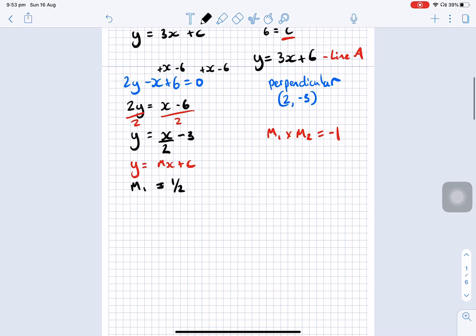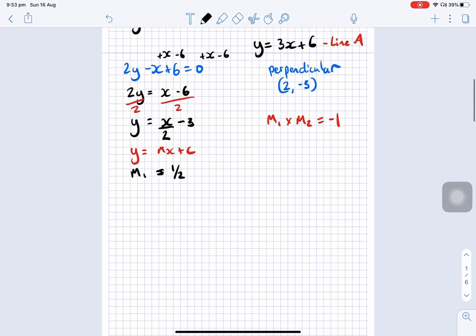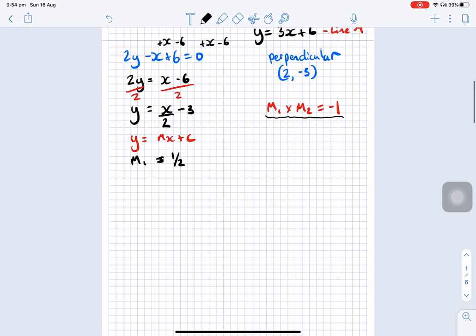So we sub that into this equation over here. I'll just highlight it for your visual. So we've got a half times m2 equals negative 1.